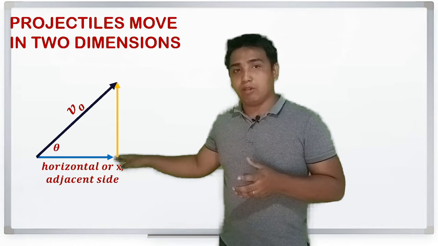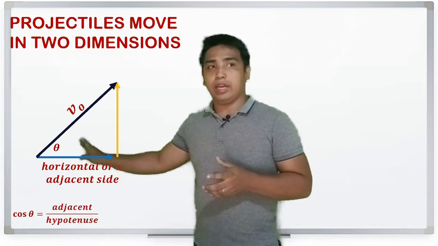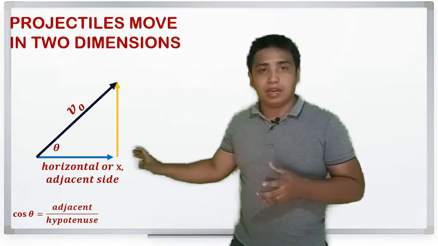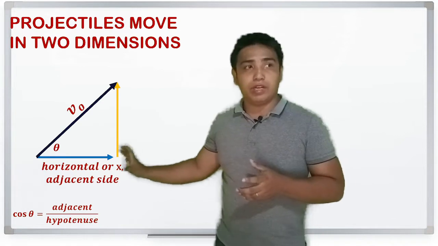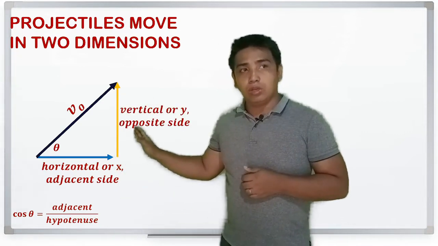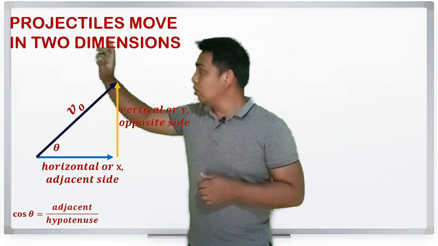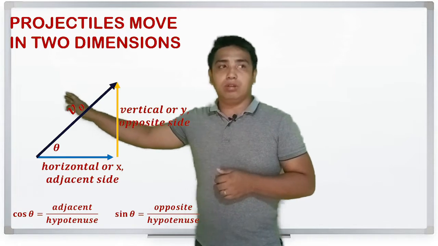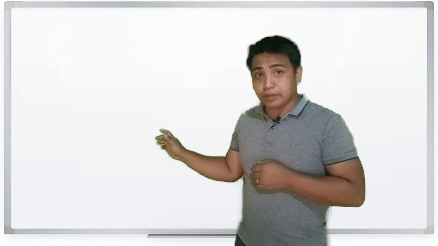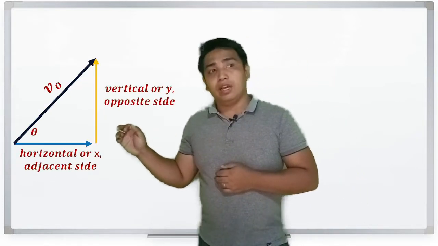This is the relationship of the adjacent side to our angle with respect to the hypotenuse, so we are going to use the cosine function for that. And for the vertical component we are going to use the opposite side to the angle with respect to our hypotenuse. So in computing the vertical and horizontal components, we use the trigonometric functions.